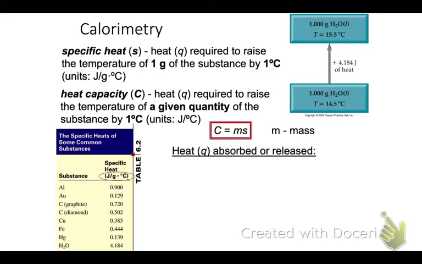If you look at this equation, mass has grams and the specific heat has joule for every gram for every degree Celsius, then gram cancels gram, and that will be the heat capacity, which is joule for every degree Celsius.